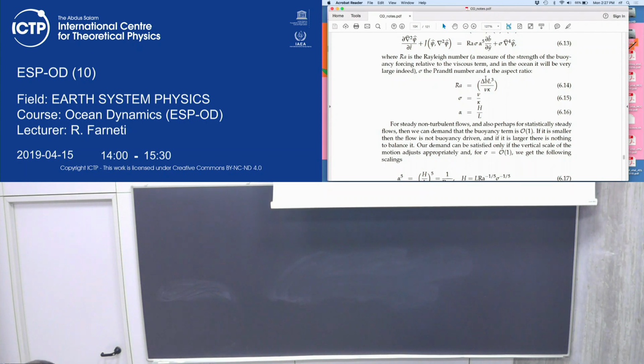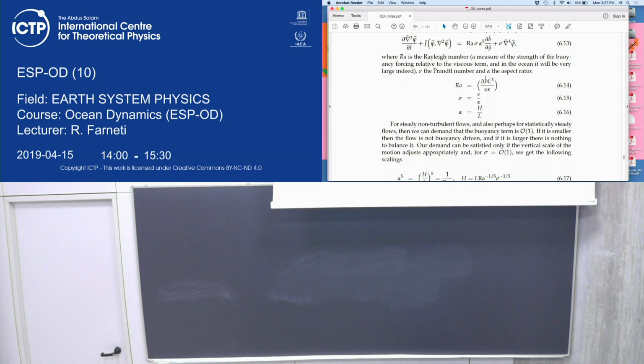Now, the important point here is that we try to understand a steady solution, so we assume steady, non-turbulent, statistically steady flows. The first thing we set is that the buoyancy term, the Rayleigh number, is of order 1. Why?